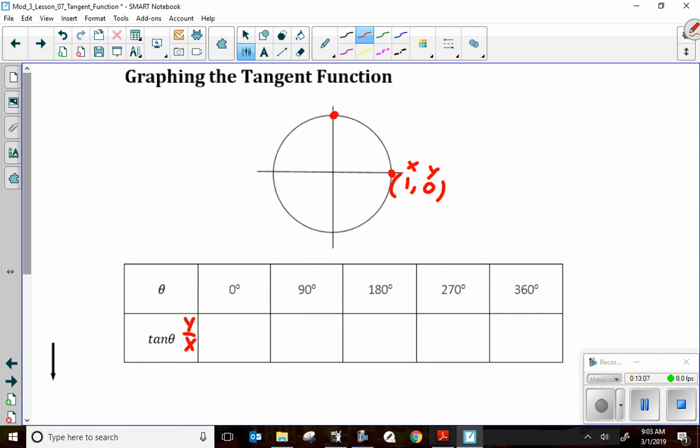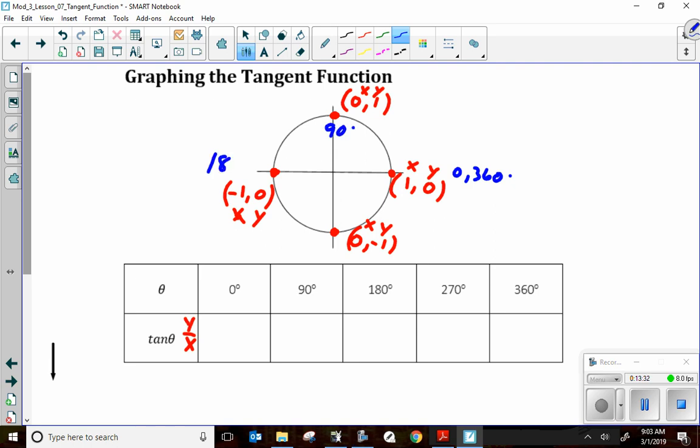Here, which is 0, 1, that's my x, that's my y. This point, which is -1, 0, again, that's my x, it's my y. And here, which is 0, -1, it's my x, that's my y. This is at 0 degrees and 360 degrees. This is 90 degrees, 180 degrees, 270 degrees.